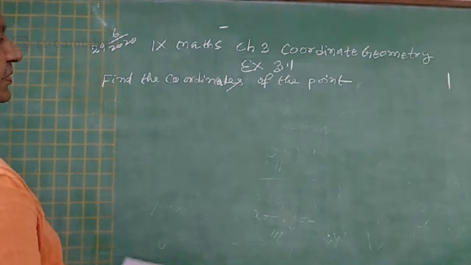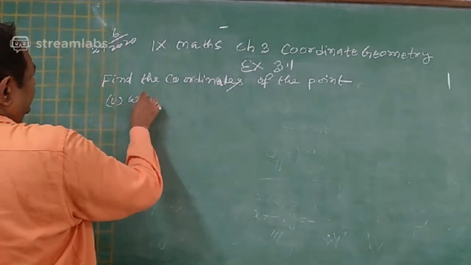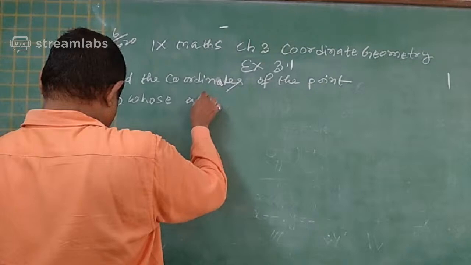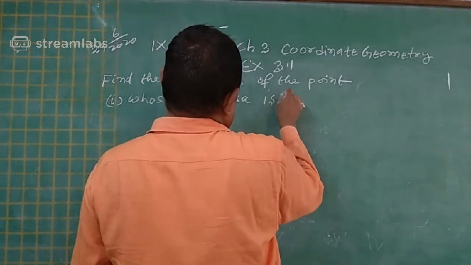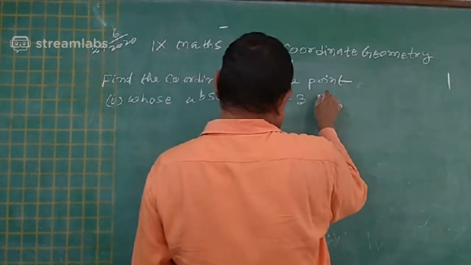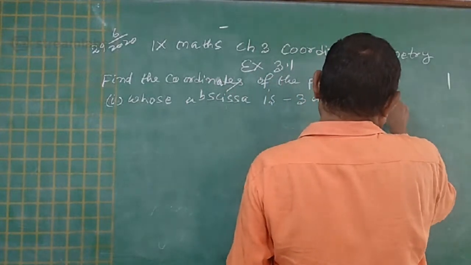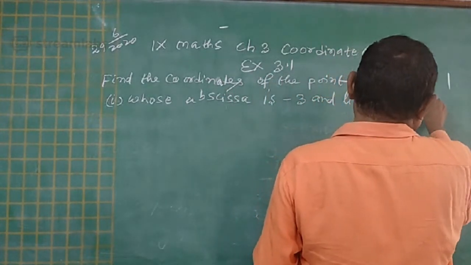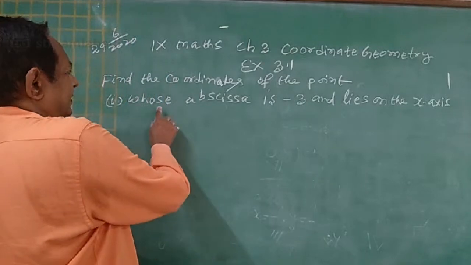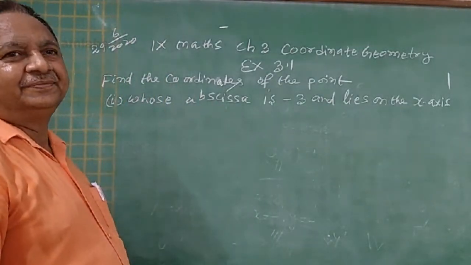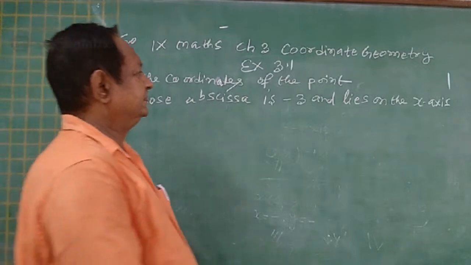Number 1, whose abscissa is -3 and lies on x-axis.